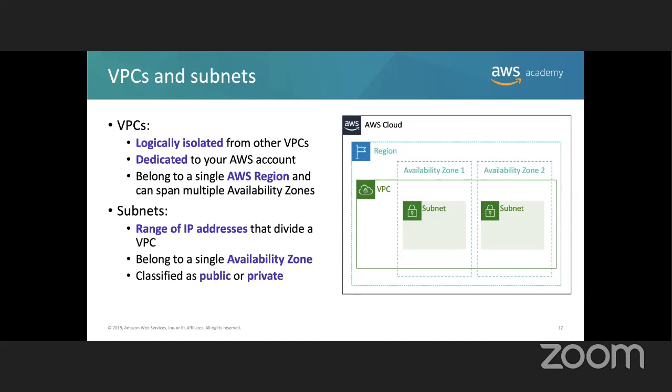It's a region-based resource, and it can span multiple availability zones. Like this one, for example, you have a VPC that spans two AZs, AZ1 and AZ2, with one subnet in each availability zone, and all of them are inside one region.